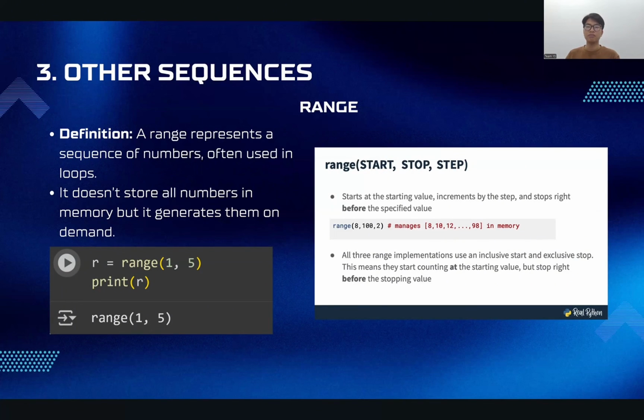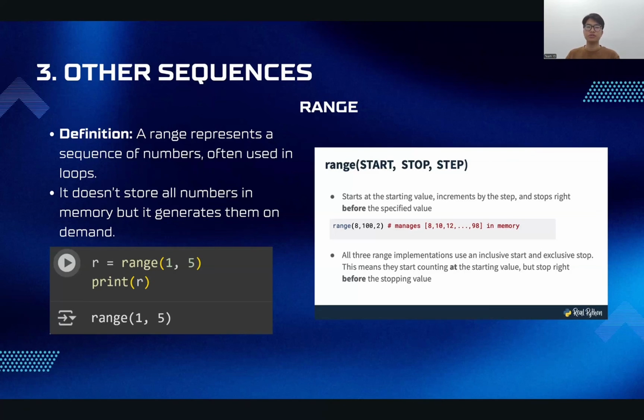Oftentimes you can also write two numbers which represent start and stop. For example, in my code here, I have a variable assigned with the range from 1 to 5. It will loop the numbers consecutively from 1 to the number before 5, which is 4.